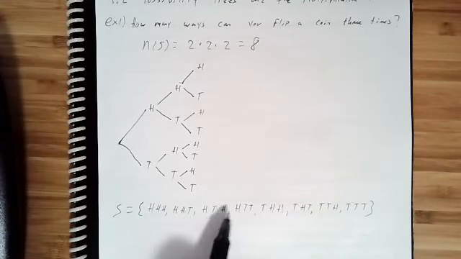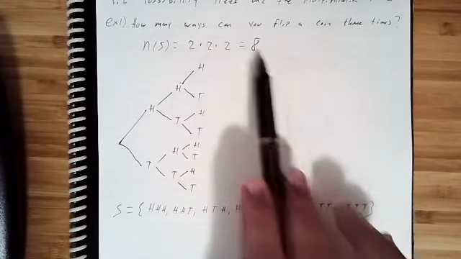So 1, 2, 3, 4, 5, 6, 7, 8. So there's 8. We can count the events this way.